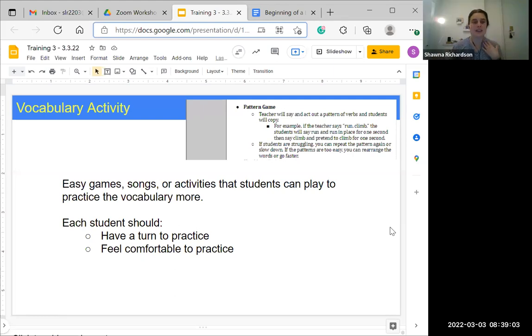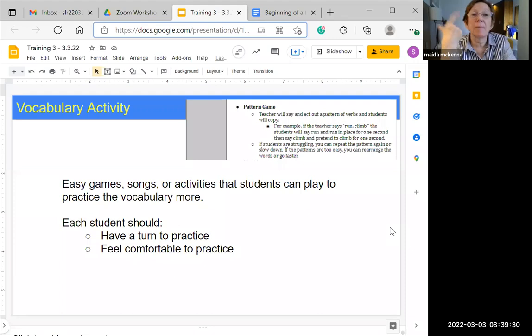Good. Then you can make it harder if you want, or you can go faster or slower, but it's just a fun way to get your students practicing. If we did it faster to make it harder, we could do give, love, find. Find. And we both found our phones. It's just a fun way to get your students practicing the vocabulary more.